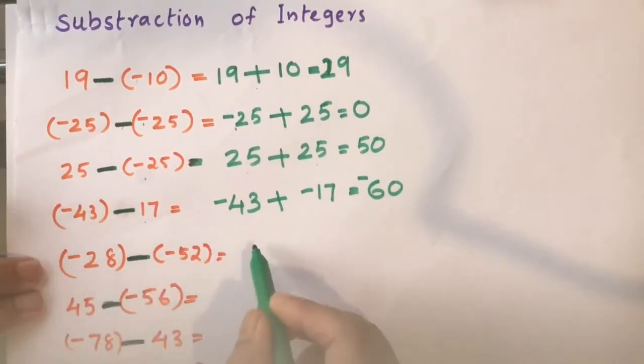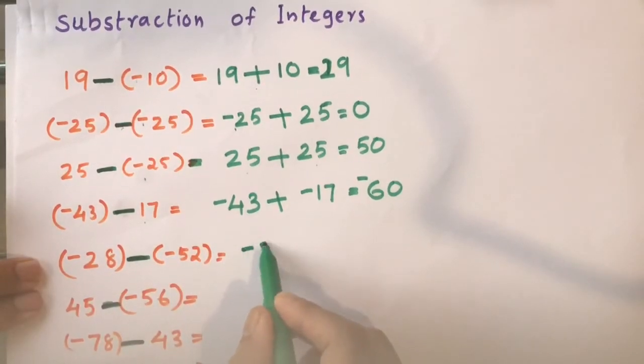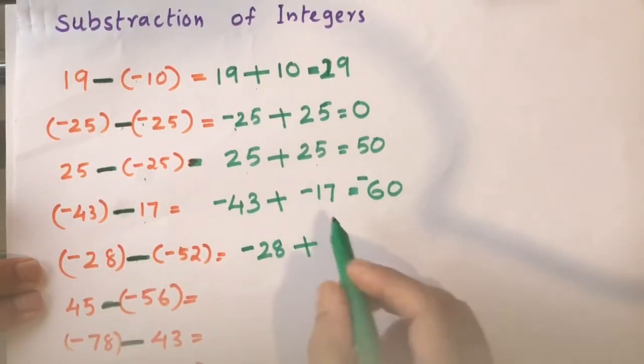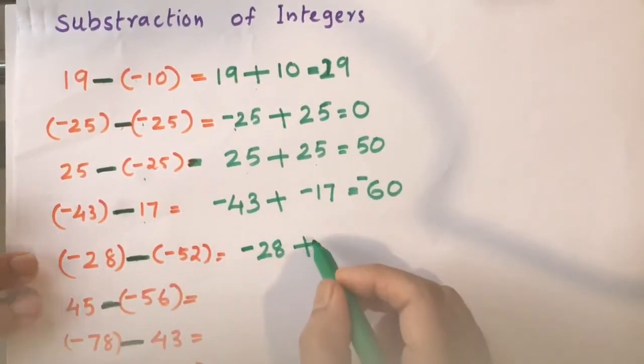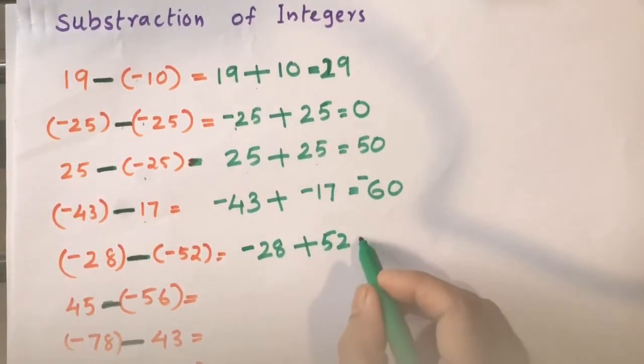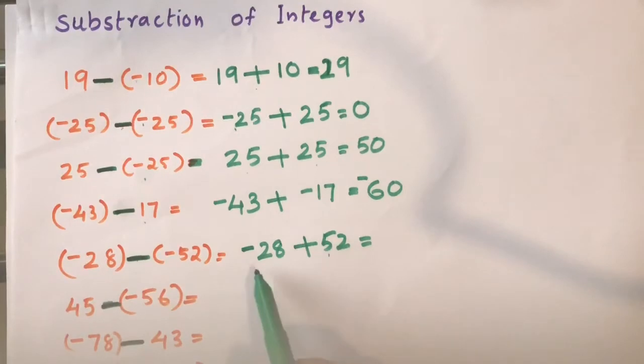Then write the first integer, keep the first integer in the same way. Change the operation. Then change the sign of the second integer. Here one number is positive and another number is negative.